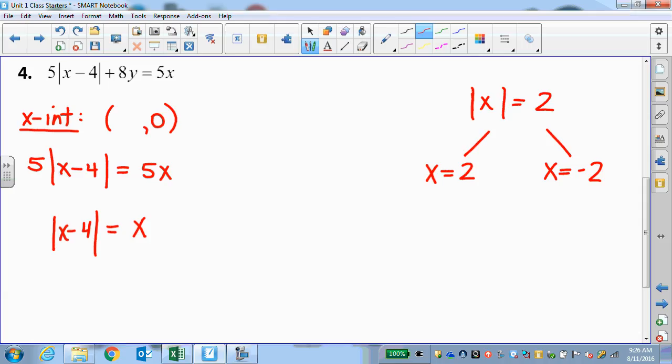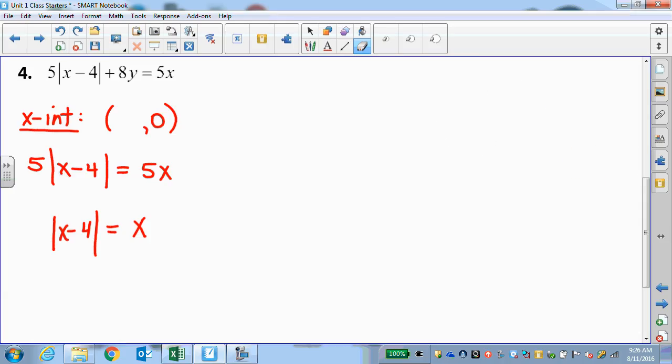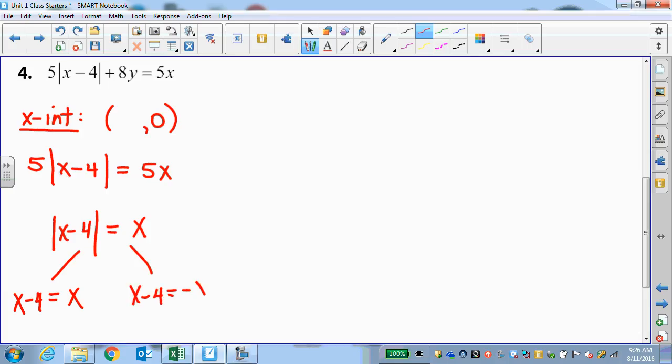So we do split it into two separate equations, but we changed the wrong sign there. We're not going to change that minus sign between x and 4. Instead, we're going to just copy the x minus 4 and set it equal to positive x. And we're going to copy the x minus 4 and set it equal to negative x. Good. And we're going to solve those two equations.